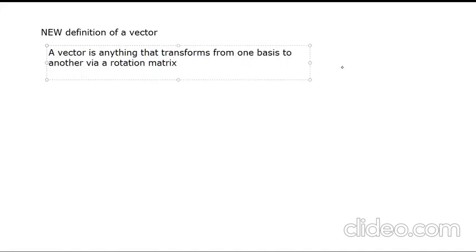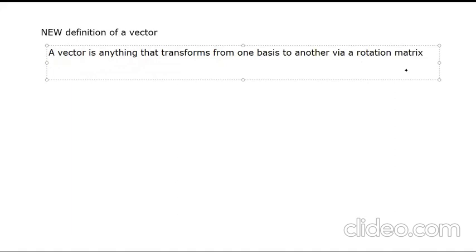Which means there's a lot of stuff that you maybe didn't think about as vectors that are actually vectors. So for instance, things that look like calculus operators that are looking for a function to act on, they can be considered to be vectors because they transform appropriately.